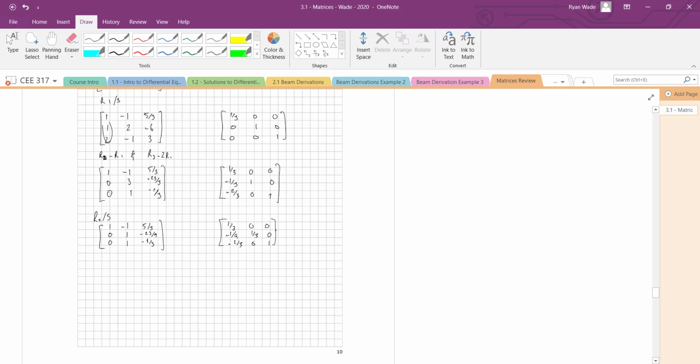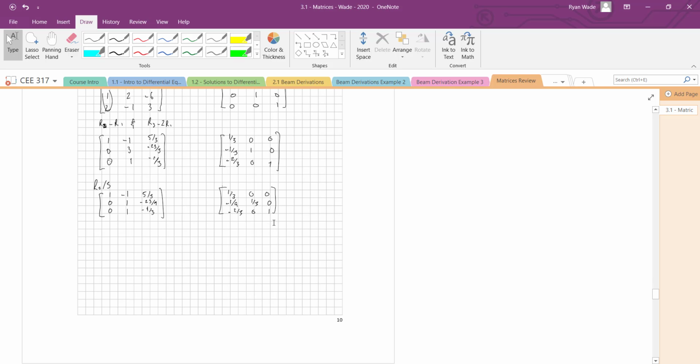So now I could use my row 2 to get rid of this 1 in row 3. So I'm going to go to row 3 minus row 2. And I'm going to end up with 1, and then 0, 0, and then 20 over 9.